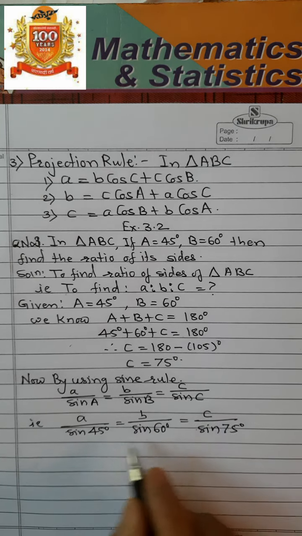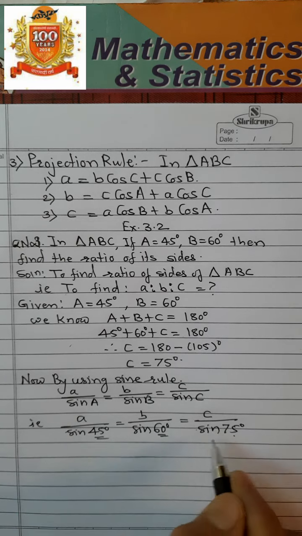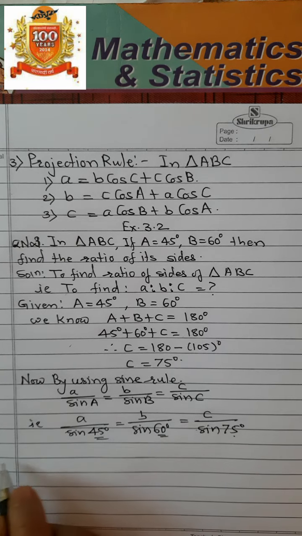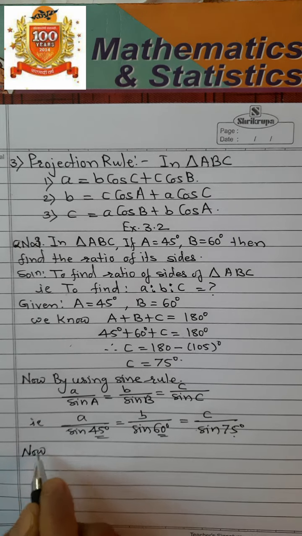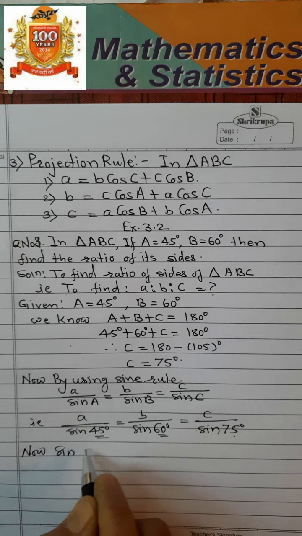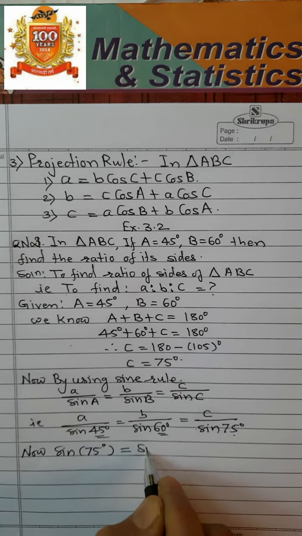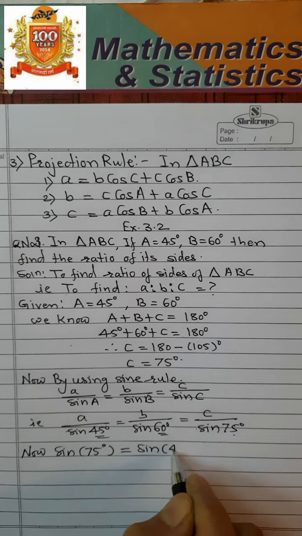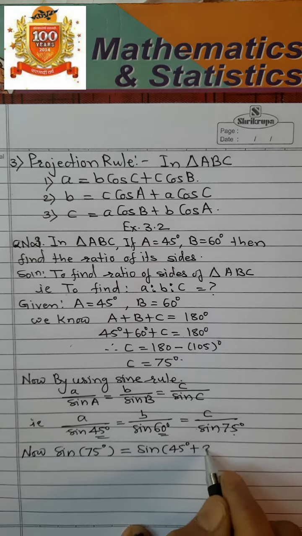We know the values of sine 45 degree and sine 60 degree, but we don't know sine 75 degree. So first we will find sine 75 degree. Now sine 75 degree can be written as sine of 45 degree plus 30 degree.